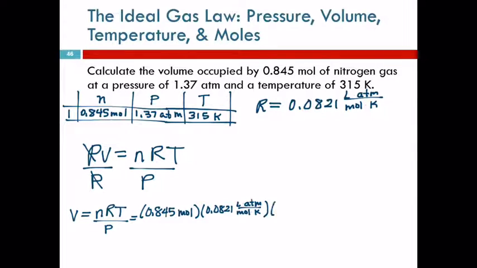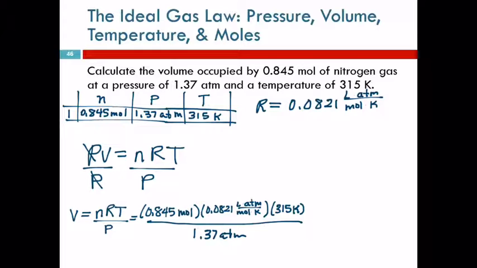And the temperature, wasn't that kind? They gave us the temperature in Kelvin. They don't do that very often. Divided by the pressure, 1.37 atmospheres.